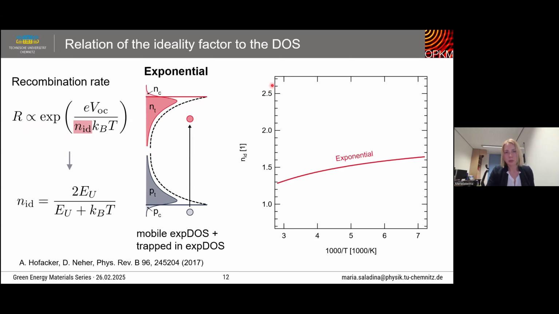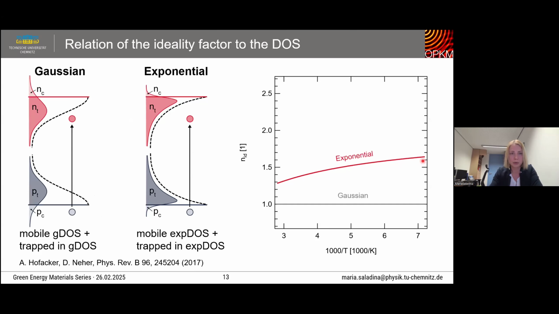So if you would like to analyze your ideality factors and plot them versus temperature, then an exponential density of states would lead to a temperature-dependent ideality factor, but this temperature dependence is really just very slight, so we have a slight increase for a decrease in temperature. Now, another density of states which is commonly employed for organics is Gaussian.